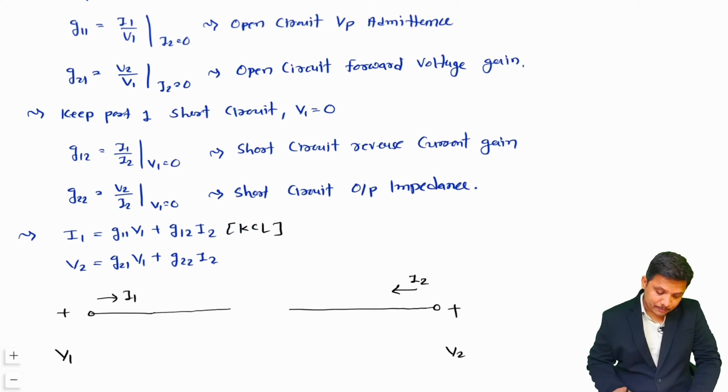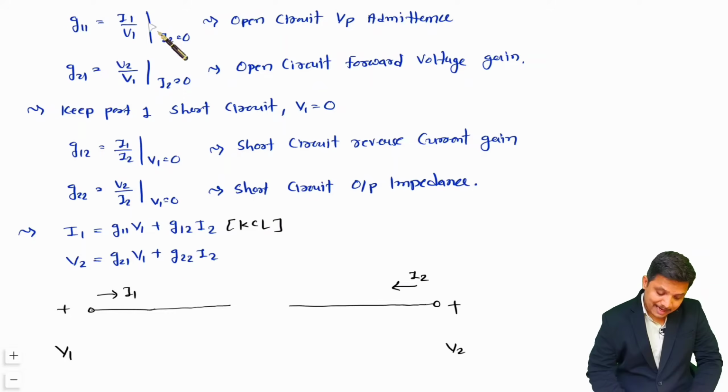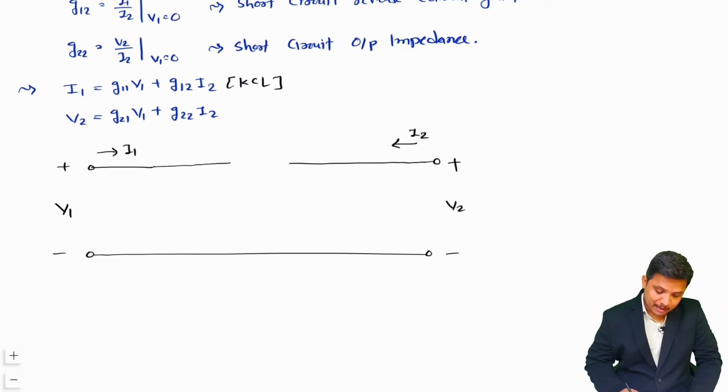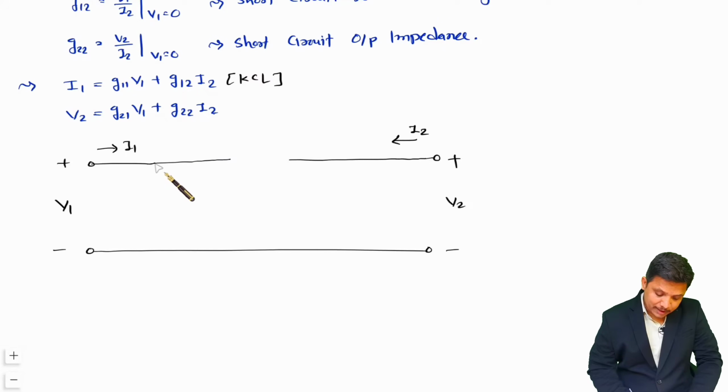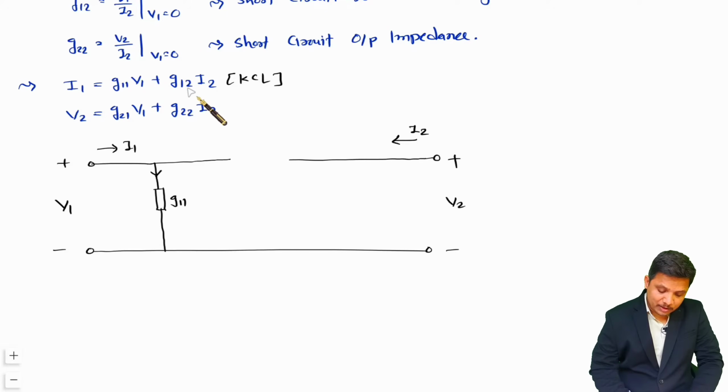G11 is admittance, right? So all you need to do is connect one admittance over here, G11, and G11 into voltage V1 will be current. So I1 is getting divided into G11 V1 and G12 I2.